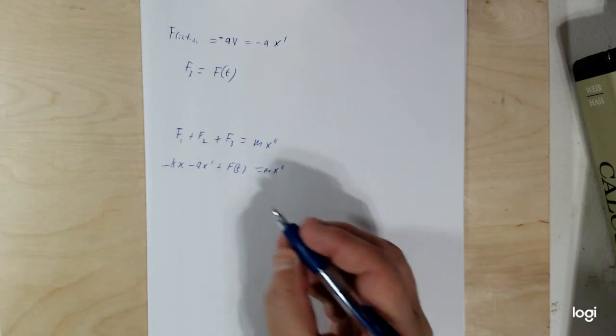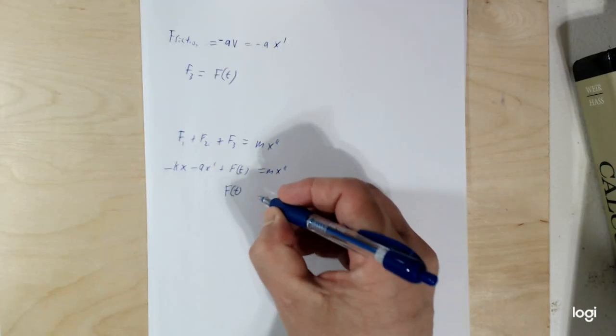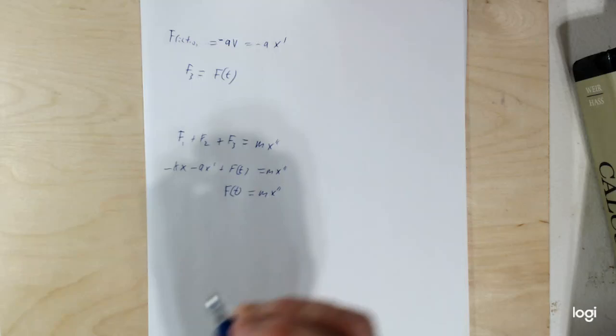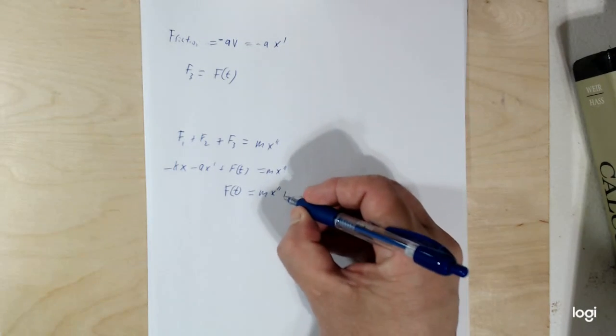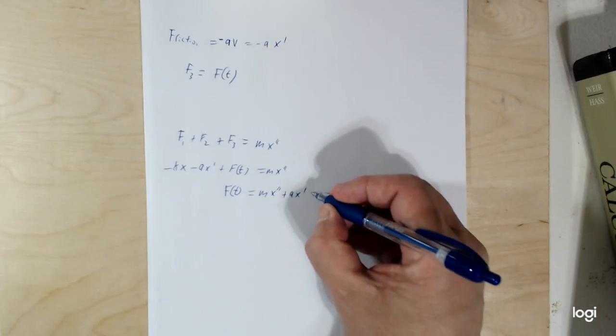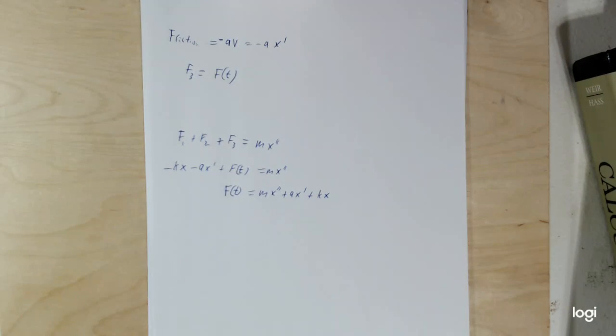So we often move the other things over to the other side, and we have capital F of t is m x double prime plus a x prime plus kx. Okay, so that's our general spring equation.